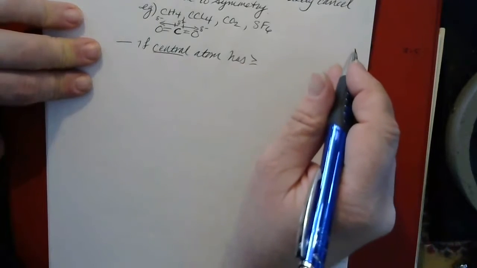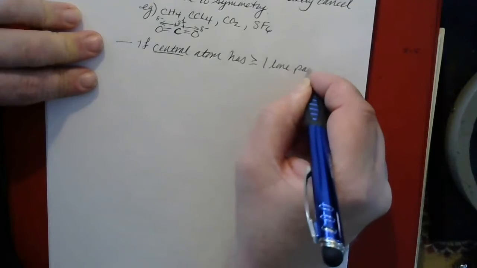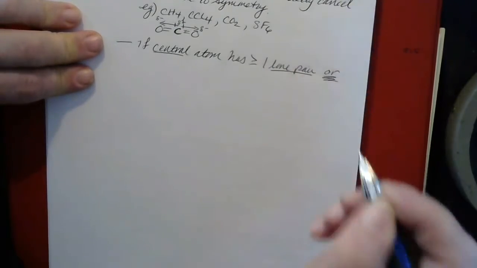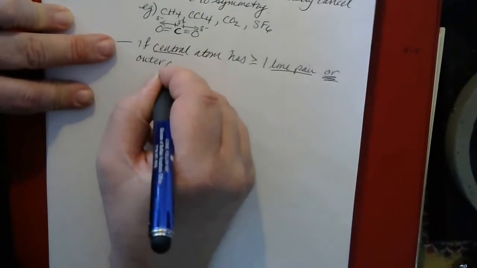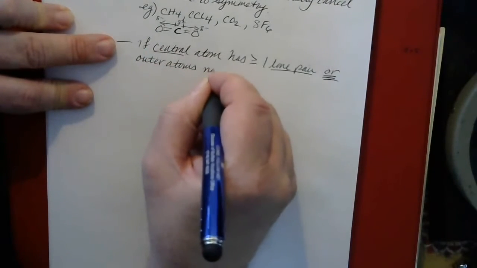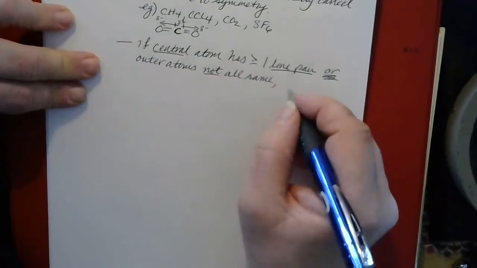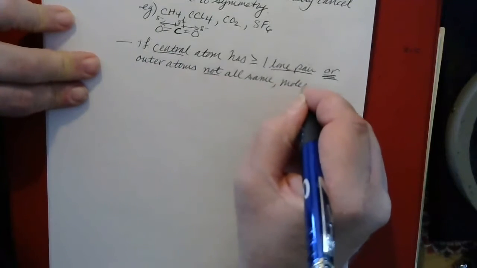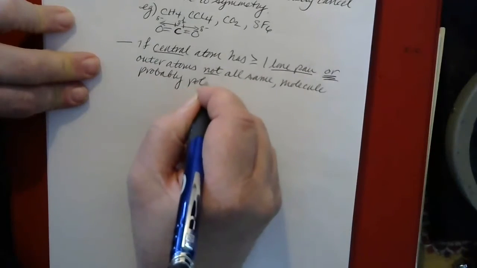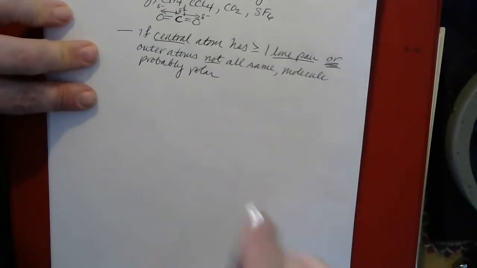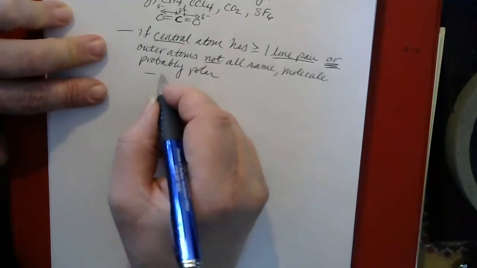If the central atom has one or more lone pairs of electrons, or the outer atoms are not all the same, then the molecule is probably polar, because any polarity in the bonds doesn't cancel out because of lack of symmetry.